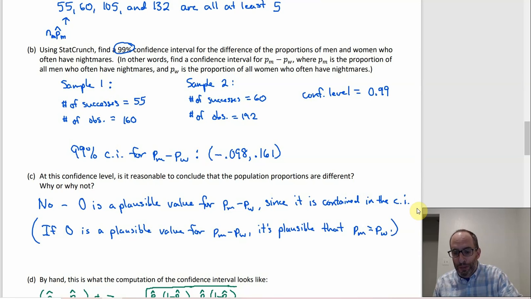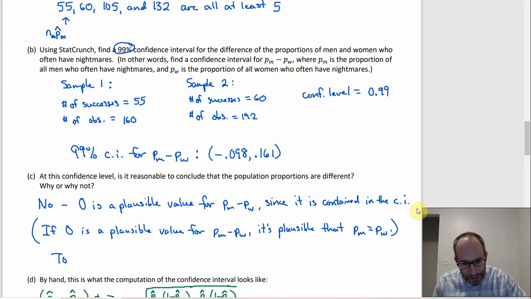And that's just a different phrasing of the exact same thing, right? PM minus PW being equal to 0 is the same as PM being equal to PW. So in order to say yes, and I guess I can put that in here too, because generally this is a thing that kind of carries through the rest of this chapter.